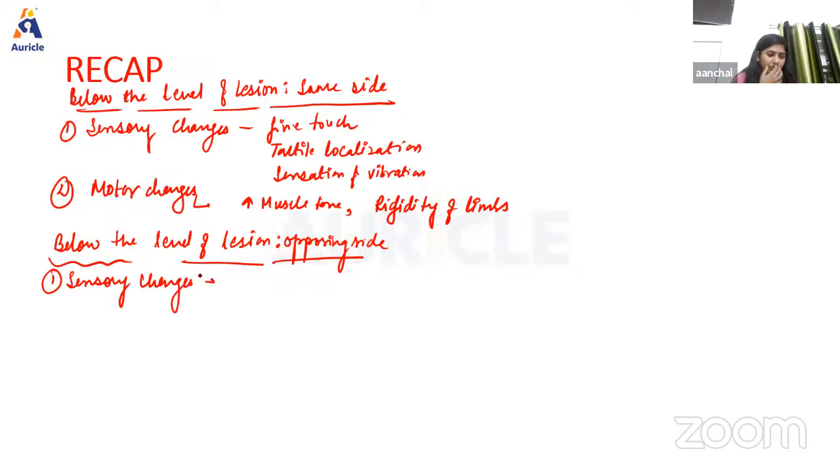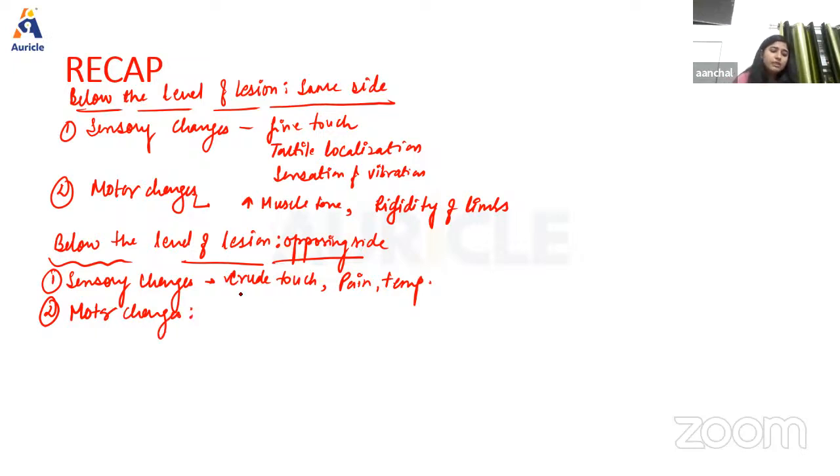In sensory changes, on the opposite side below the level of lesion, the following sensations are lost completely because these sensations are carried by the crossed spinothalamic tract. So this includes crude touch, pain, temperature.